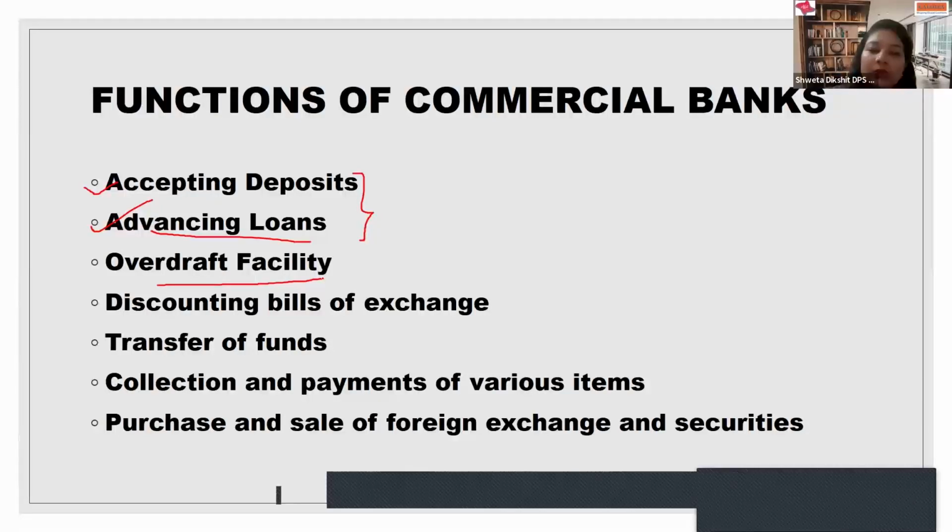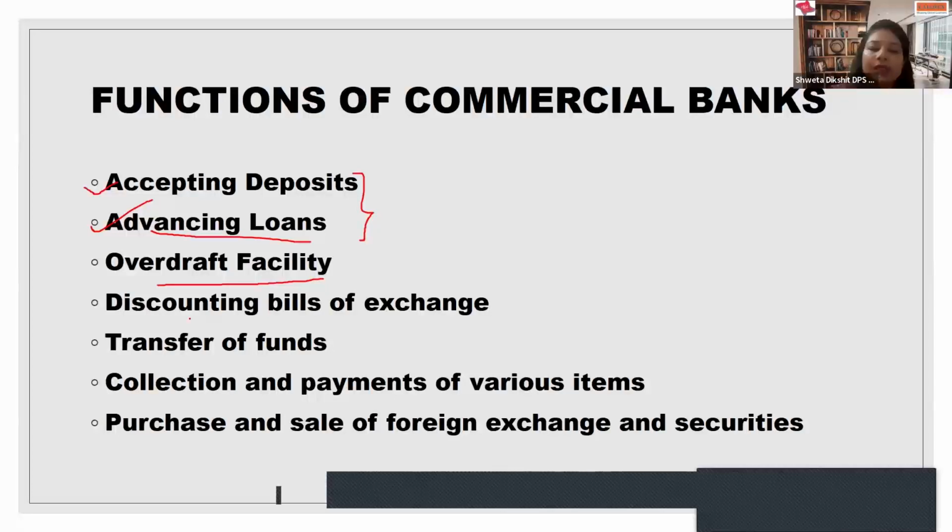For example, if you have 50 lakhs in your account and you want to make a payment of 55 lakhs, you are only short by 5 lakh. If you're a very valuable customer, the bank can give you an overdraft facility of 5 lakh, which has certain terms and conditions. Here we don't need to talk about them. This is what is known as the overdraft facility.